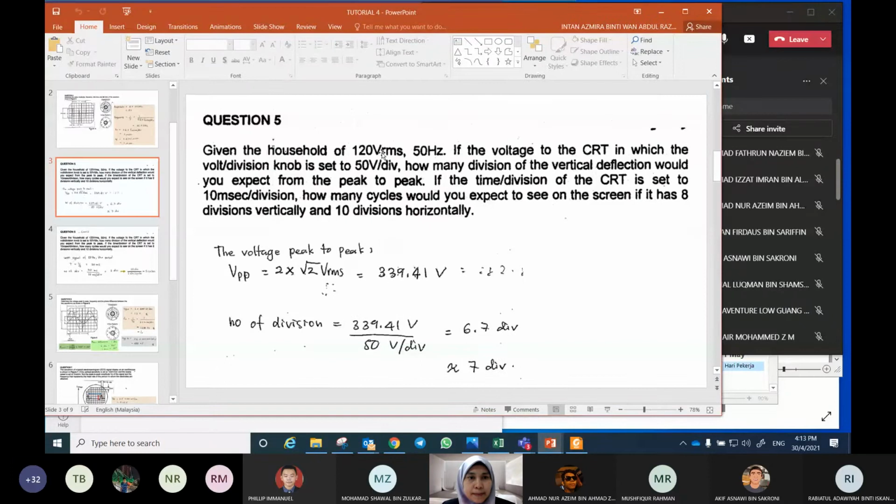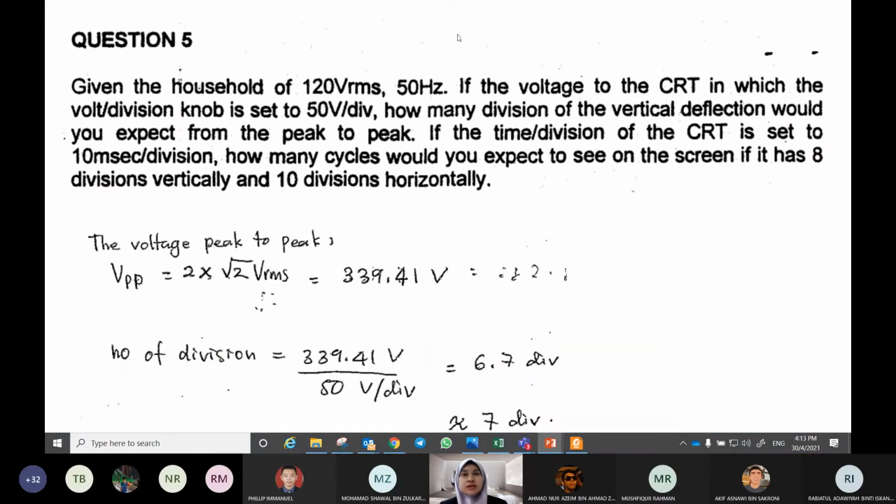Given a household supply of 120 VRMS, 50 Hz, if the voltage goes to the CRT in which the volt per division knob is set to 50 volt per division, how many divisions of vertical deflection will you expect from peak to peak? If the time per division of the CRT is set to 10 millisecond per division, how many cycles will you expect to see on the screen if it has 8 divisions vertically and 10 divisions horizontally?